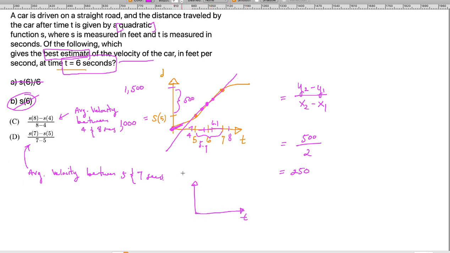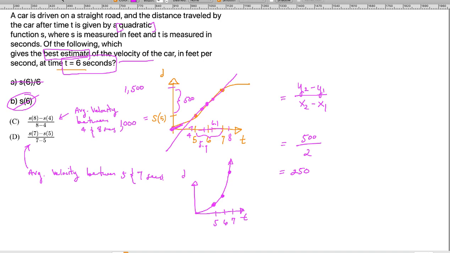T, and then D, and here's my quadratic. Something like that. I have 5 and 7 over here, and 6 is in between the two. Now I have this point and this point. The slope of the line joining those two is closest to the slope of the tangent line.